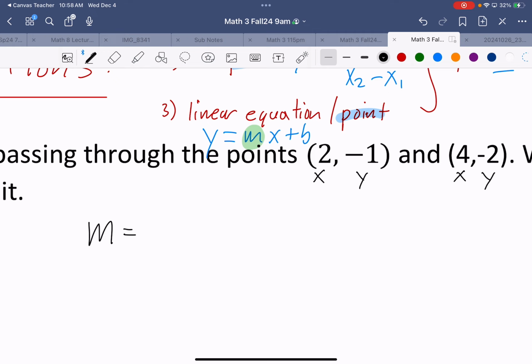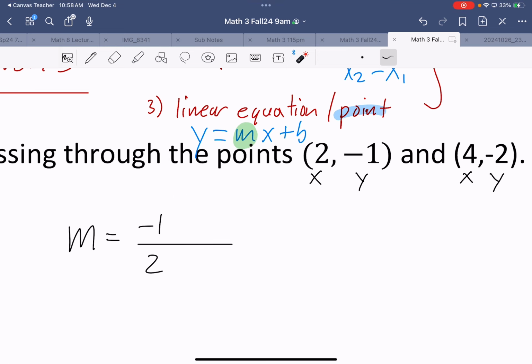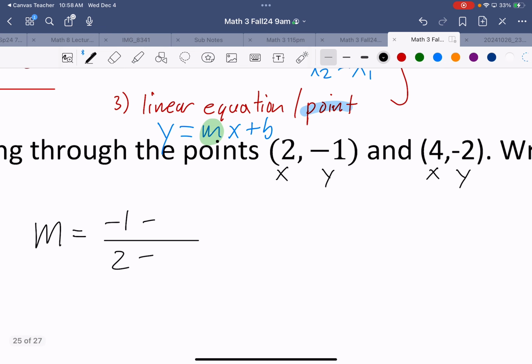You can either label them or just know that for your y, it is -1, and then your x is 2. Because I'm choosing from the same ordered pair. Look, these 2 are from the same ordered pair. These 2 are from the same ordered pair, and directly above each other. So this is my y, that's my x. And then we subtract in that same fashion.